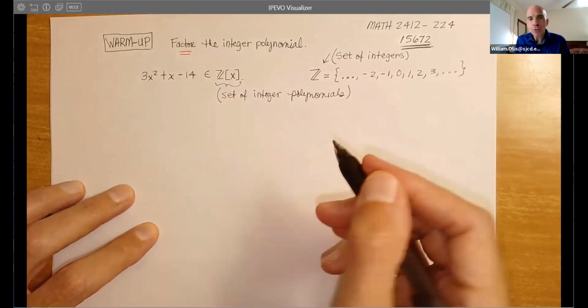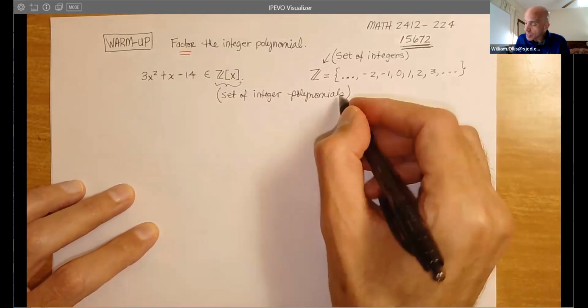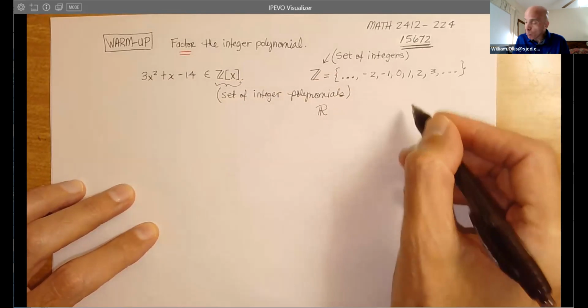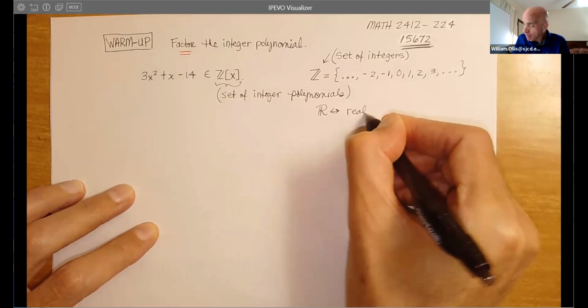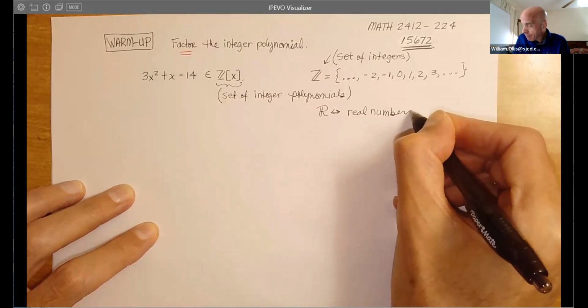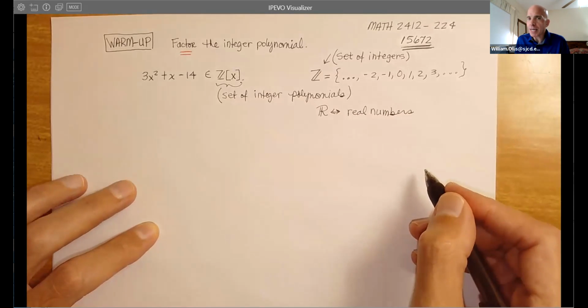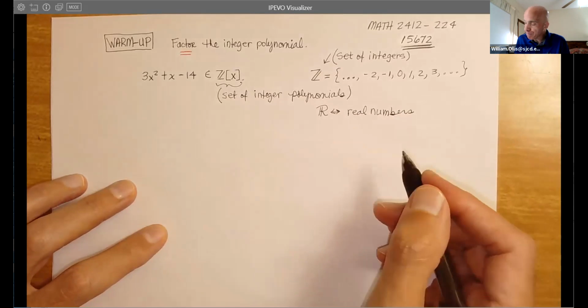Now, some other notations that we will possibly use, and that you'll use in calculus, sometimes we'll use the script R, and that will just denote the set of real numbers. We can't list the real numbers, they're uncountably infinite, but a lot of times we'll say element of R, meaning a real number.